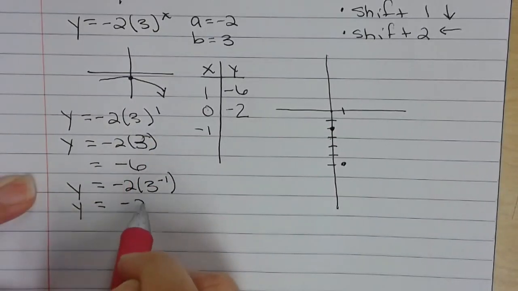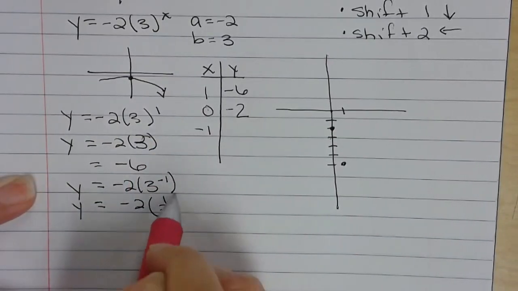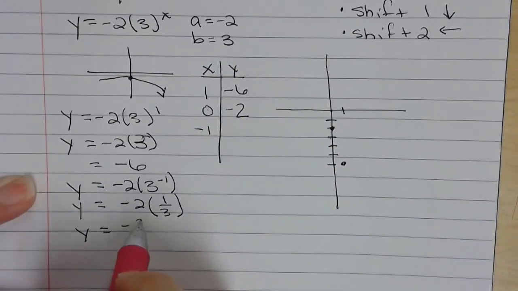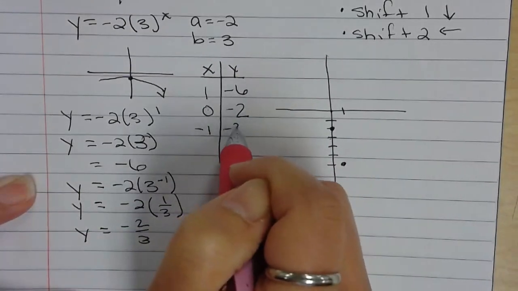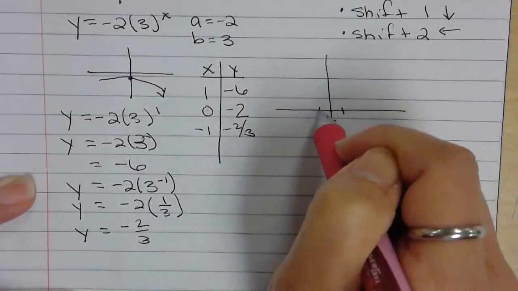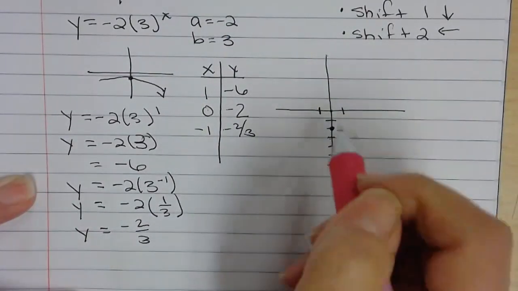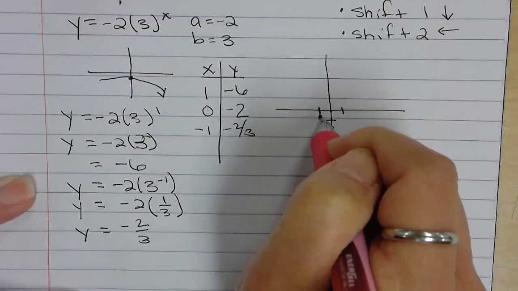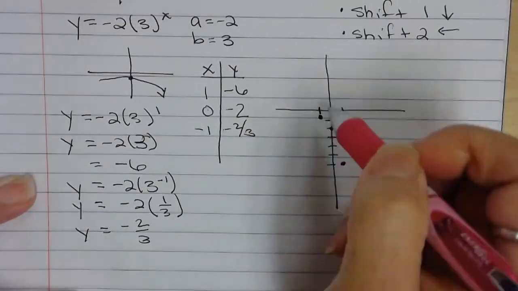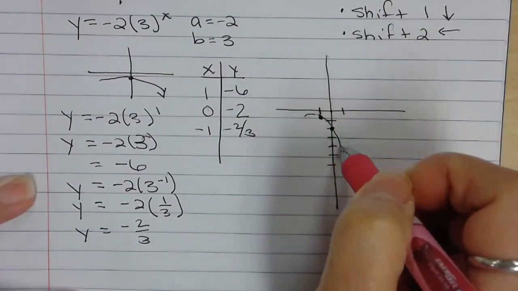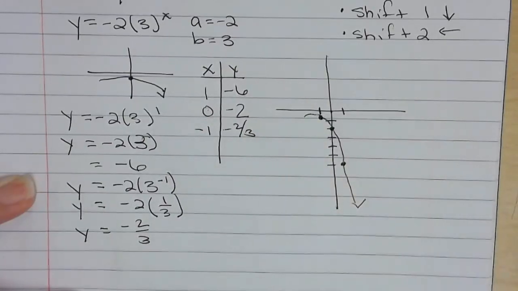So y equals -2 times 1 over 3. So y equals -2/3. Super small. So when x is -1, -2/3 is right here. Now I can quickly sketch what this is going to look like.